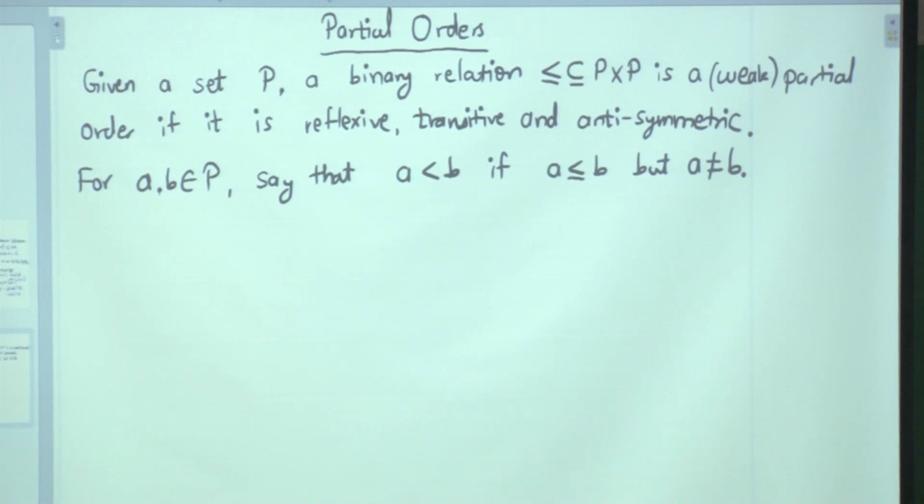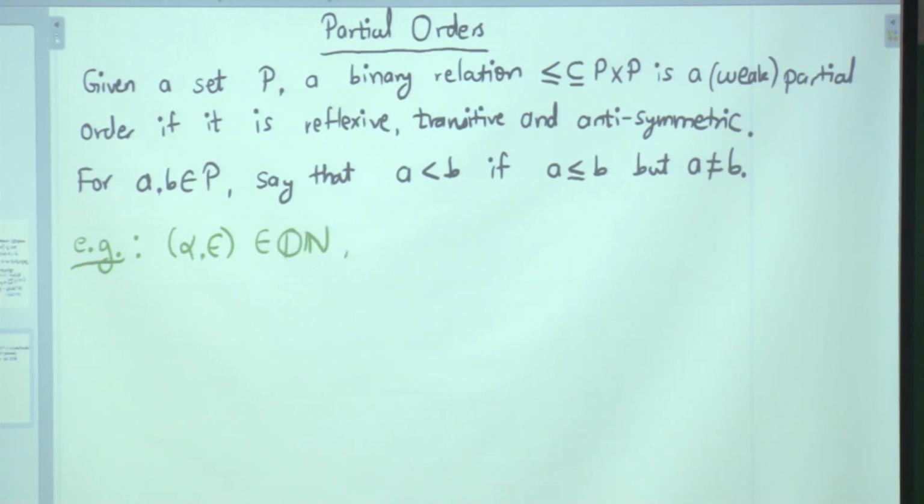Okay, so give me some examples of partially ordered sets. Any ordinal, very good. So alpha, comma, belongs to, in On.